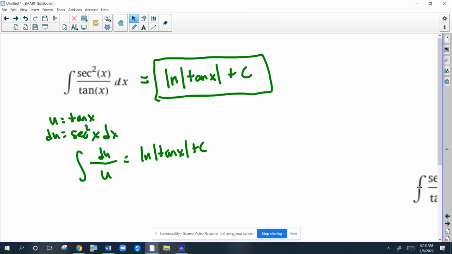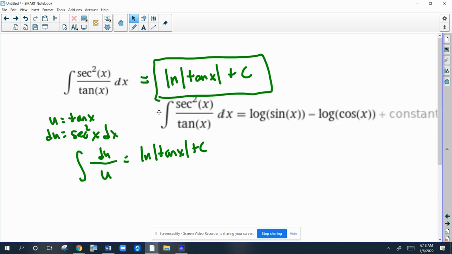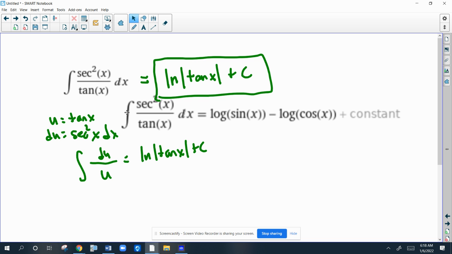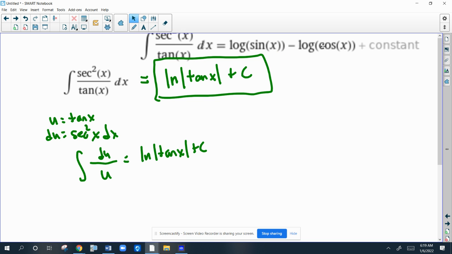So I did a quick check on Wolfram Alpha. It's interesting. The Wolfram Alpha answer looks not at all like our answer. So there should be some kind of log properties you could use to get that. And there is, because tangent is sine over cosine.